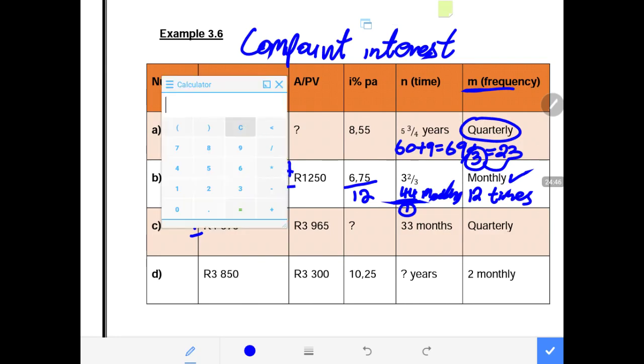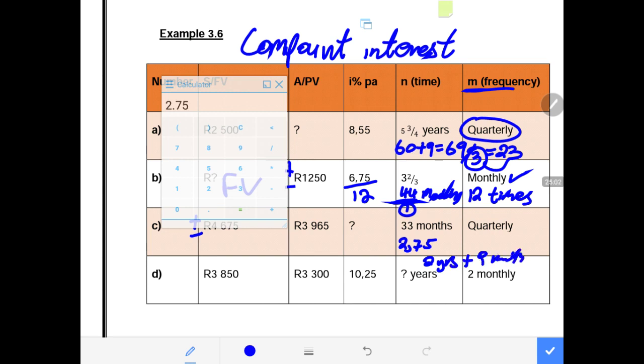Remember that 33, we can say 33 divided by 12, so that we get to see how many years. This will be 2.75 years. And we know that this is 2 years plus 9 months already.